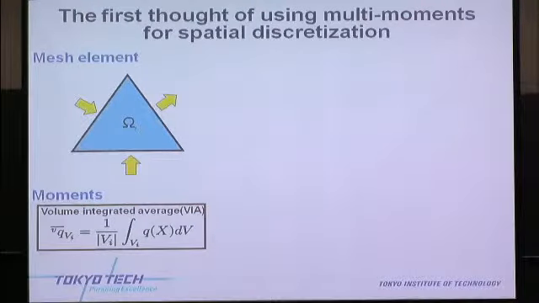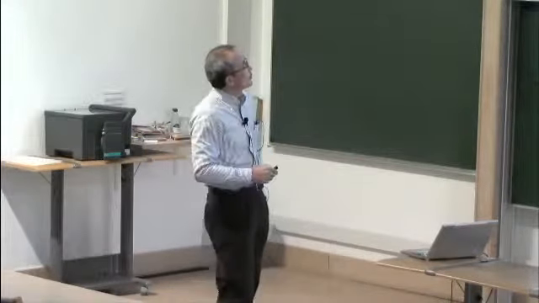Then we get a balance of the flux, and we can get the time tendency of Q. This is a conventional finite volume method.